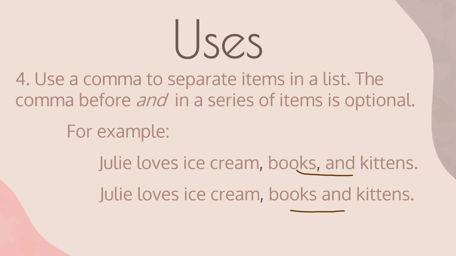There's a comma after ice cream, there's a comma after books and kittens. Now the comma before and is optional. You can put it or don't put it, it's okay either way. Julie loves ice cream, books, and kittens. So in the next line, you can see that we didn't place the comma before and. So either way, it's right.